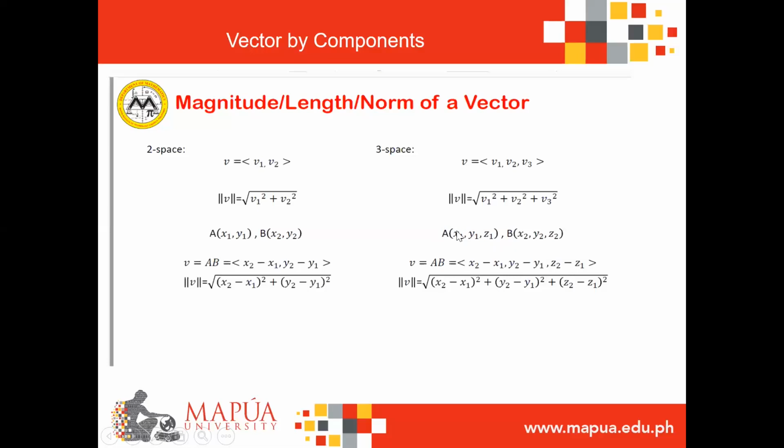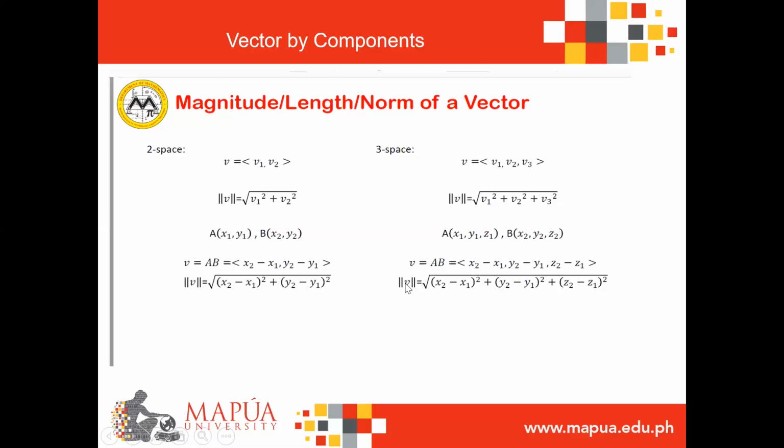with the corresponding coordinates, point A at x1, y1, z1, and point B at x2, y2, z2, we can define the vector v of line segment AB. Again, the components of vector AB are defined as the difference of the coordinates of the two points, starting with point B minus point A. So we have x2 minus x1, y2 minus y1, and z2 minus z1.